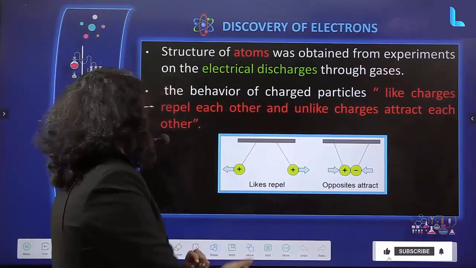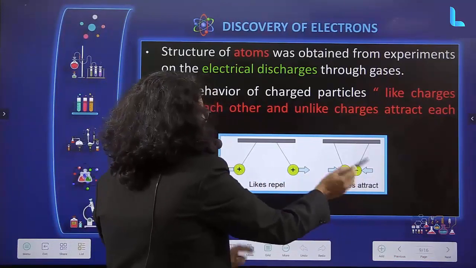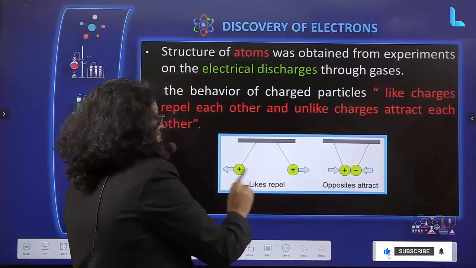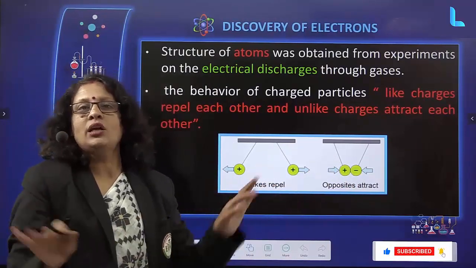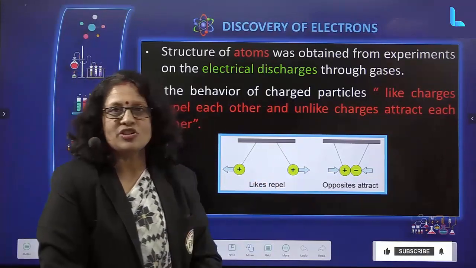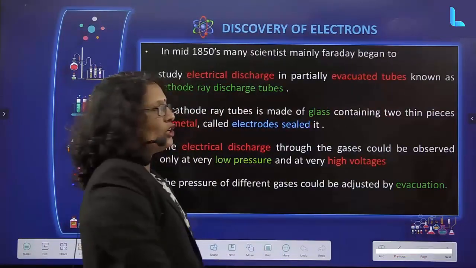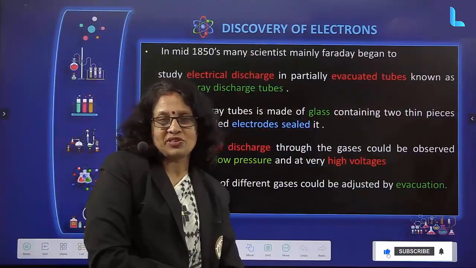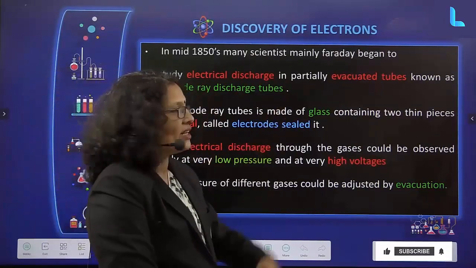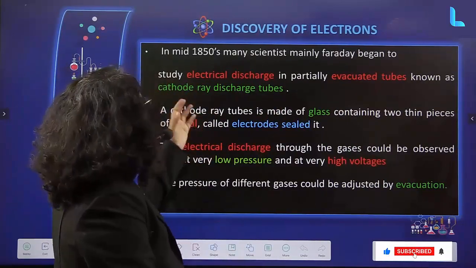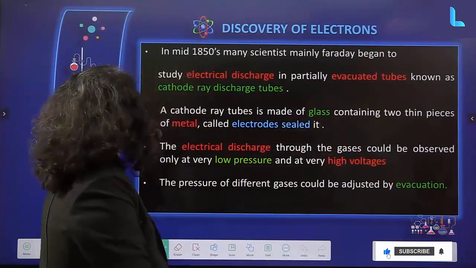You can see here the opposite charges, plus and minus, will attract, and the same charges, either plus plus or minus minus, will repel each other. On this concept we can observe what kind of charge is present on that particle.